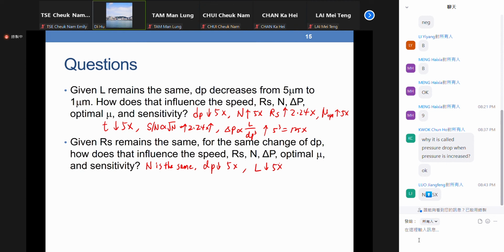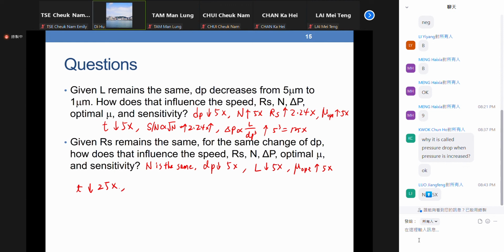The optimized flow rate is still 5 times, right? And what happened to the time? It is the length divided by the rate, so it decreased by 25 times.